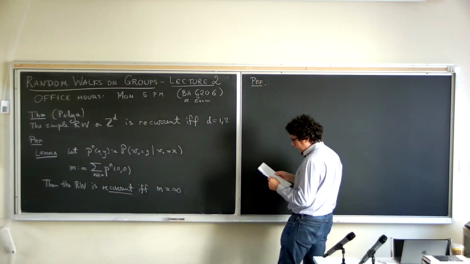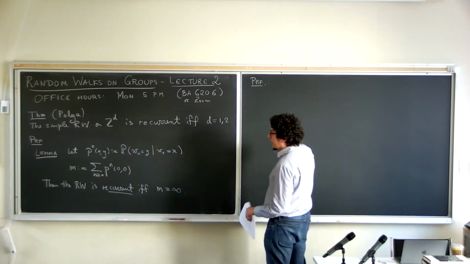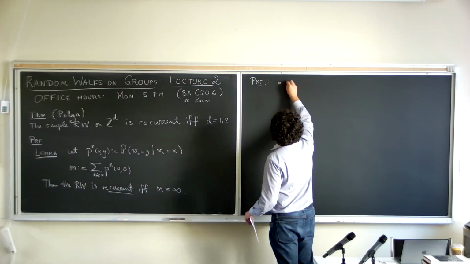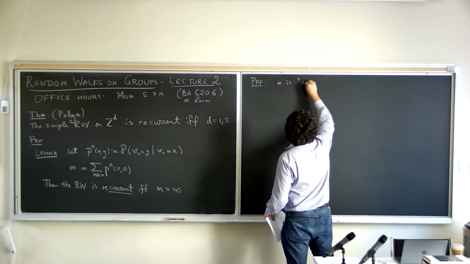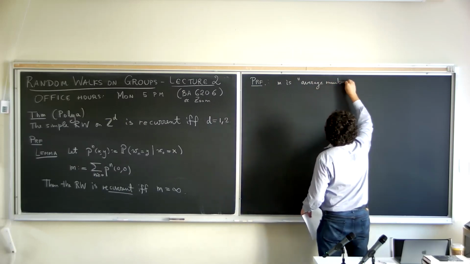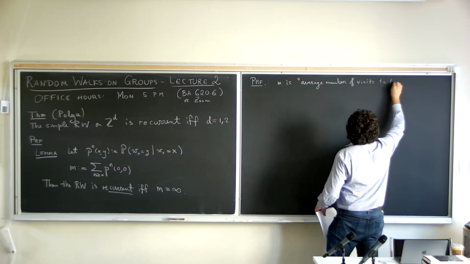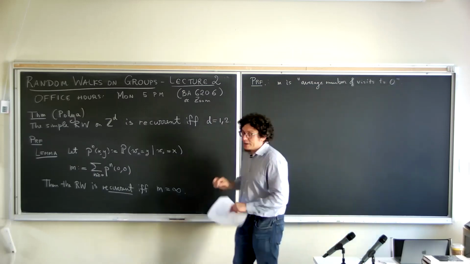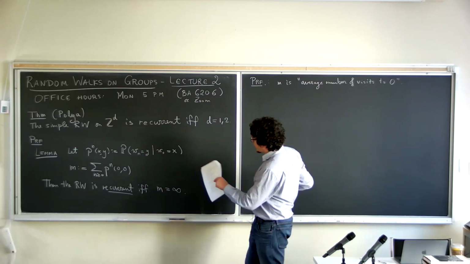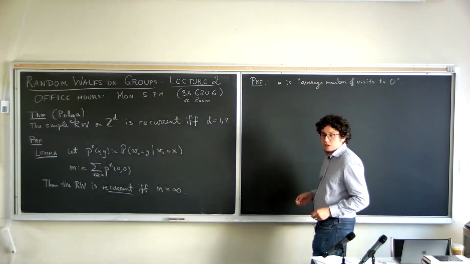You can notice the other fact that, first of all, M is intuitively the average number of visits to 0. Why does it make sense to think that this is the average number of visits to 0?